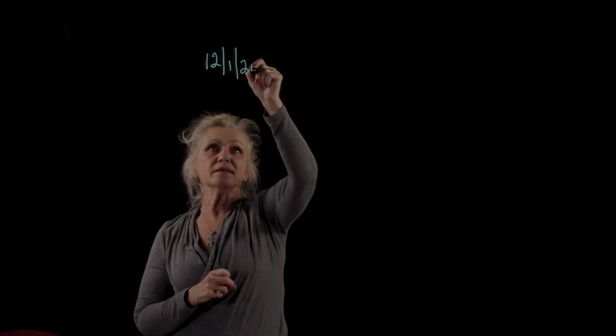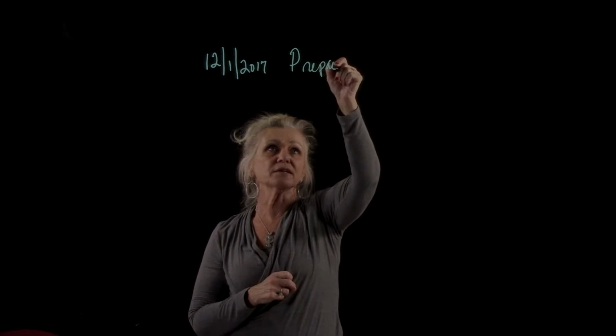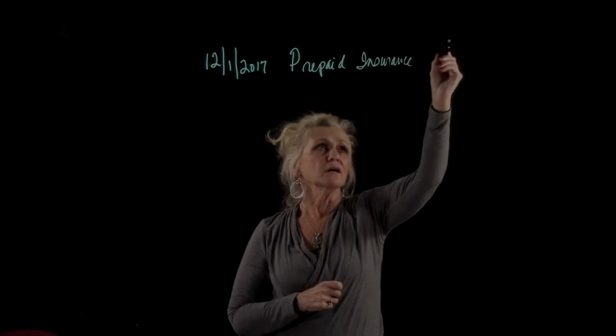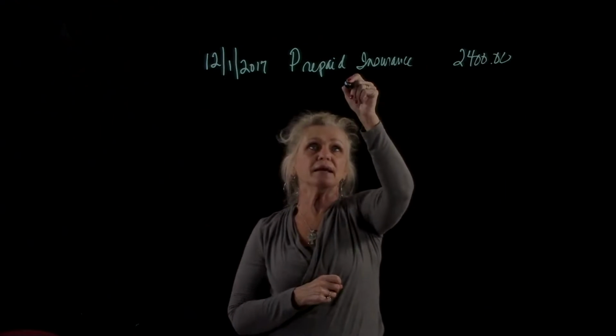So this is how you would show this as a journal entry. On 12/1/2017, we have an asset of prepaid insurance of $2,400, and we paid cash.